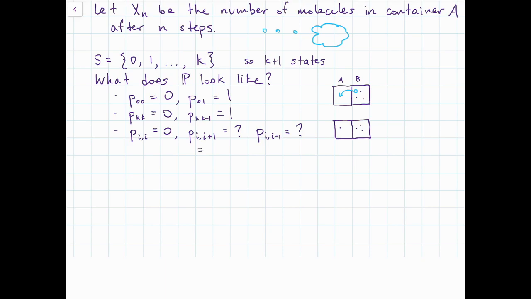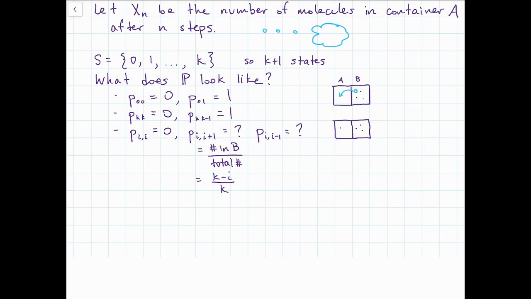So the probability of that happening will be the number of molecules in B divided by the total number of molecules, which in general is K minus i, that's how many molecules are in B, divided by K, the total number of molecules. If that happens, if one of the ones in B is the one that hits the barrier, then we'll go from state i to state i plus 1.